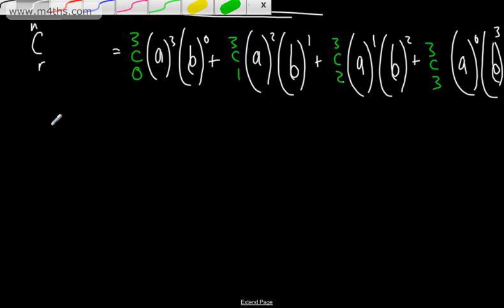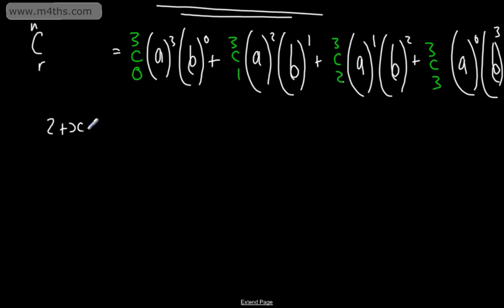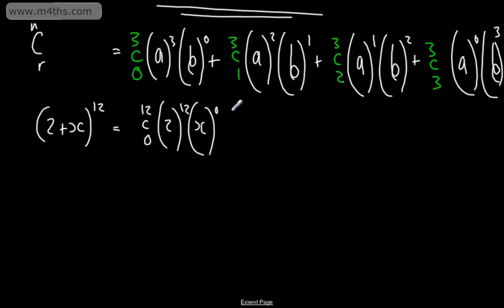Let's do 2 plus x to the power of 12. I'll just do the first 4 terms. We would get 12c0, we would get 2 to the power of 12, x to the power of 0. Plus 12c1, we would have 2 to the power of 11, x to the power of 1.